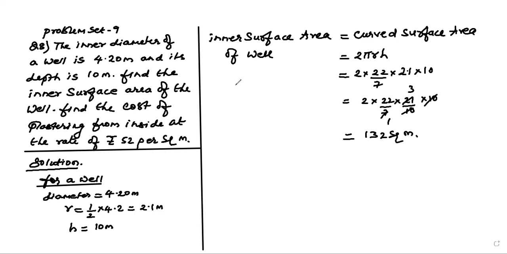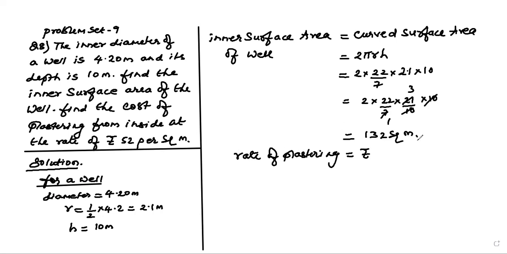Now they're saying the same surface has to be plastered from inside. Find the cost of plastering from inside at the rate of rupees 52 per square meter. See, what is that? Area to be plastered, rate of plastering. Plastering with cement, instead of painting, we are applying cement inside the whole well. So which surface will we apply cement to? Only the curved surface. The base of the well has a spring, water comes in, you will never plaster it. Okay, so the rate of plastering is rupees, how much, children?